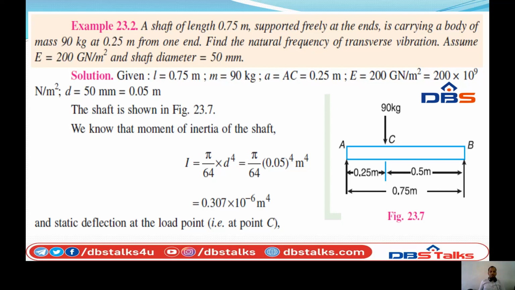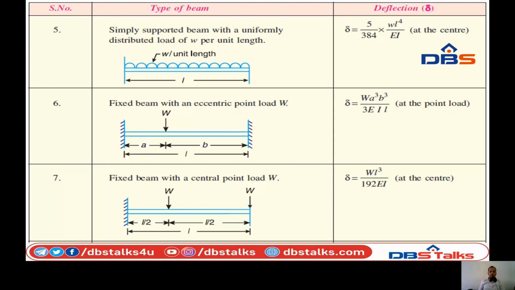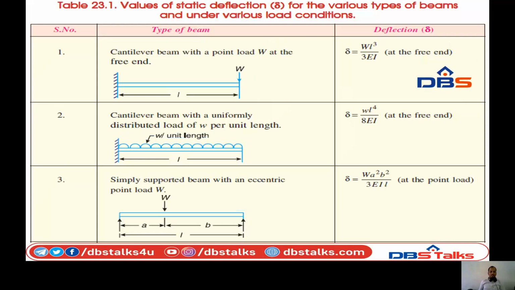But the load is applied at 0.25, not at the center, which would be 0.375. So it is a point load which is not at the center, and this formula is incorrect. Simply supported with UDL, there is no UDL, so here also it is wrong. Cantilever, one end is fixed, but here the other end is not fixed.